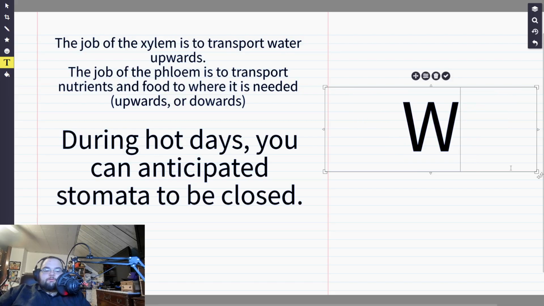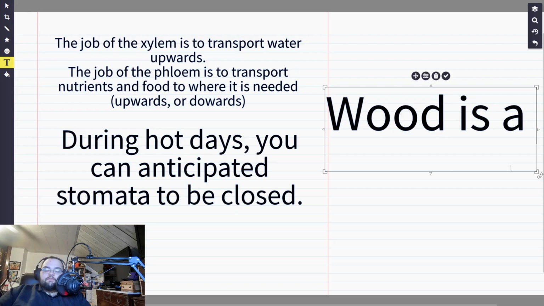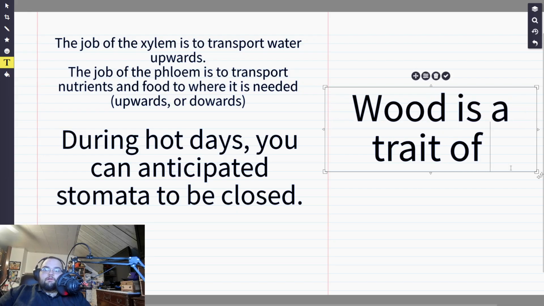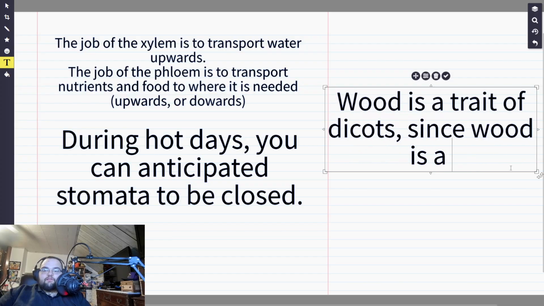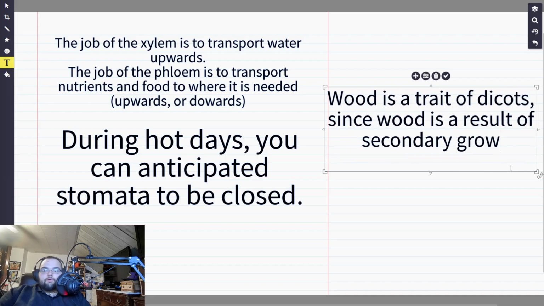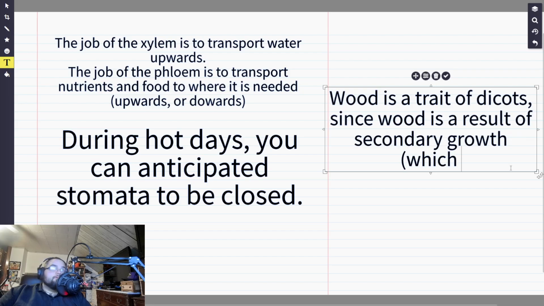So wood is a trait of dicots, since wood is a result of secondary growth, which is exclusive to dicots.